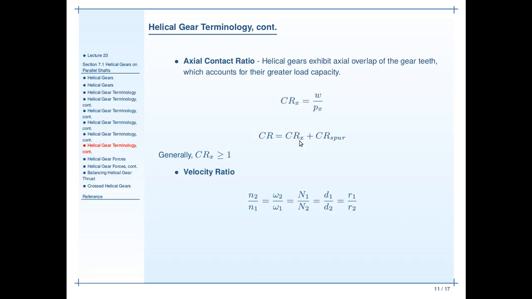Therefore, helical gears of the same size have a greater contact ratio than spur gears. Velocity ratio for helical gears, though, is identical to the terminology and usage for spur gears.